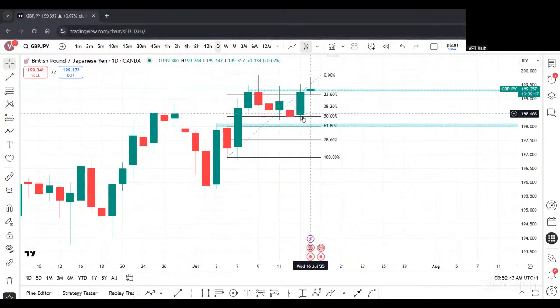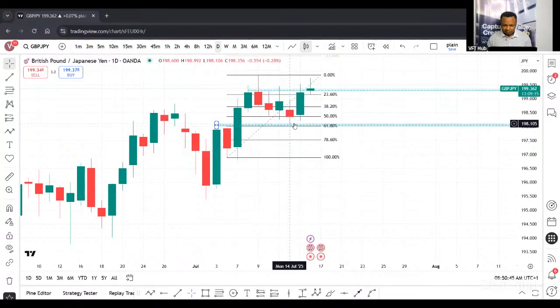All right, so that level is the first place we want to see the yen basket trade into. Now, sorry, not yen basket, now GBP JPY.